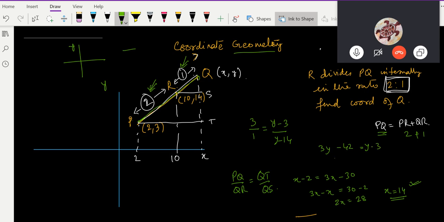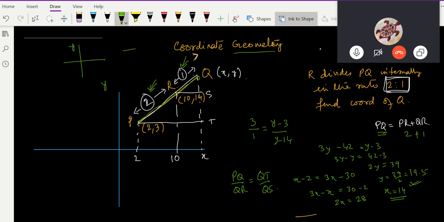So 3y minus y is equal to minus 3 plus 42, which will be 2y is equal to 39. y is equal to 39 divided by 2, which is 19.5.